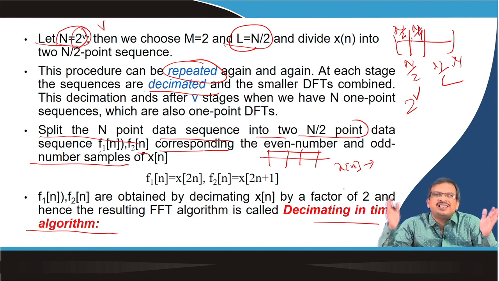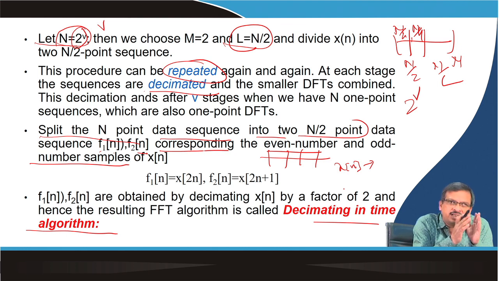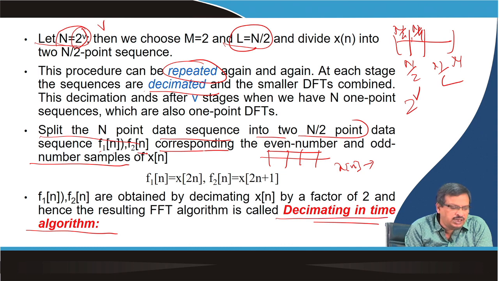Since the sequence length is expressed as 2 to the power of something, it is every time divisible by 2. And when I decimate the time domain signal, it is called the decimation in time algorithm.